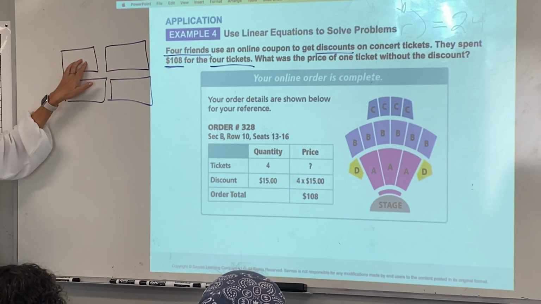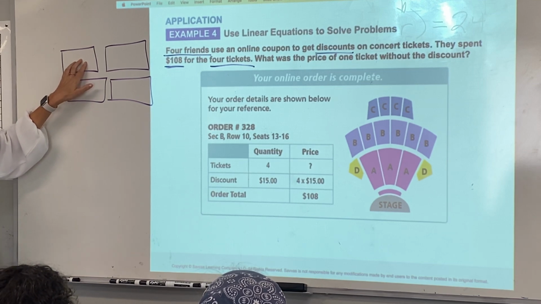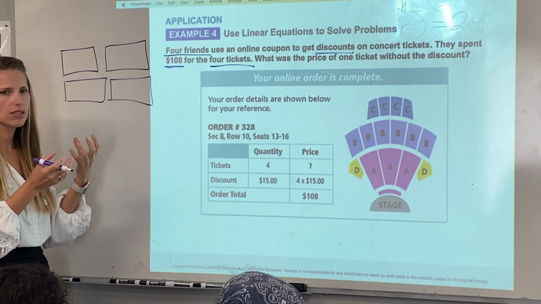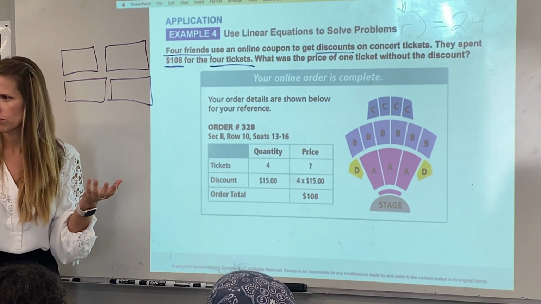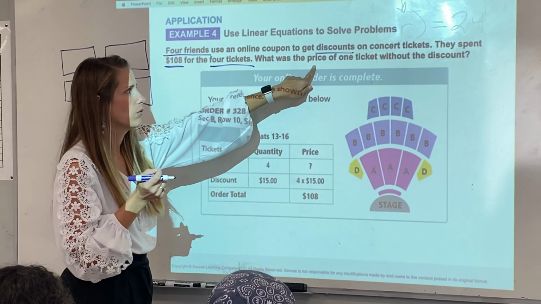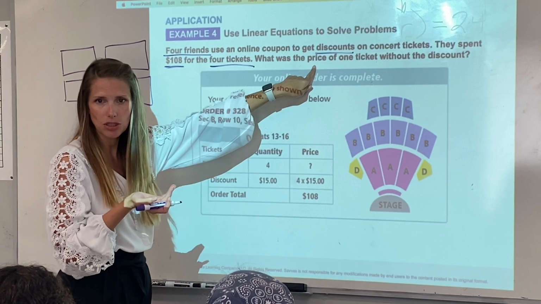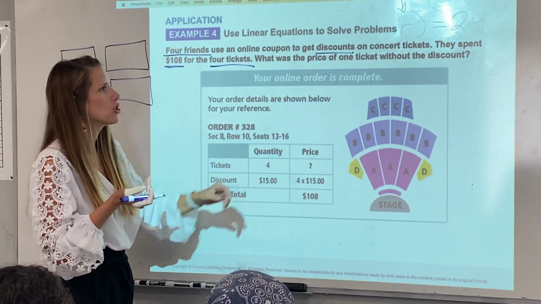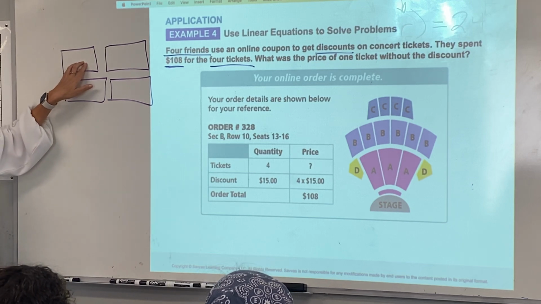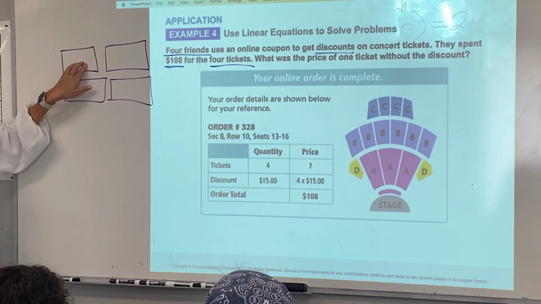These were cheaper than they should have been. But how can we use the price, which is our variable, right? The original price, because it says what was the price without the discount, that's our variable, that's our missing value. So how can we represent that? Just tell me how I would write that on one of these tickets, using our variable and what we know about.